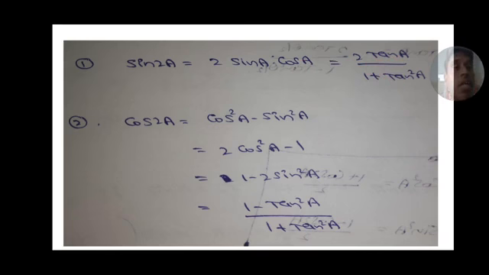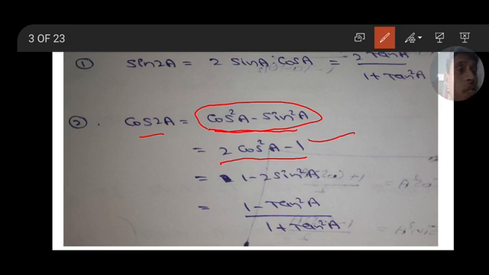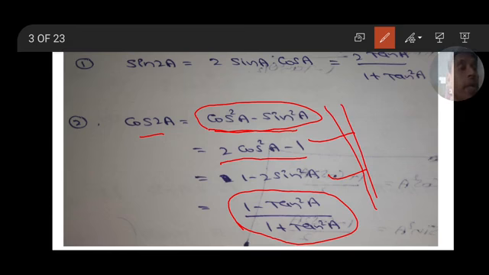Next, the cos 2A formula: cos 2A equals cos square A minus sin square A. This comes from the cos of A plus B formula; put B equal to A and we get this formula. Cos square A minus sin square A, or on simplification, 2 cos square A minus 1, or 1 minus 2 sin square A, or in terms of tan, 1 minus tan square A by 1 plus tan square A. These are the four formulas of cos 2A.